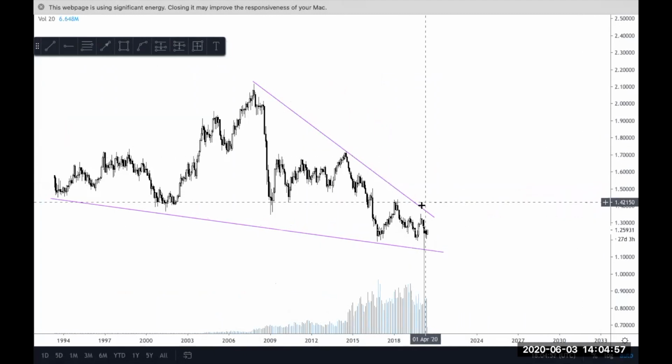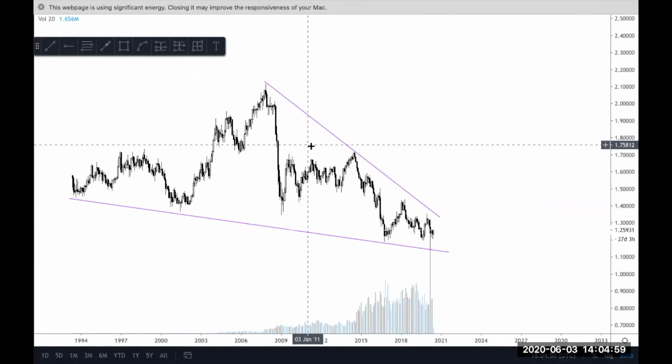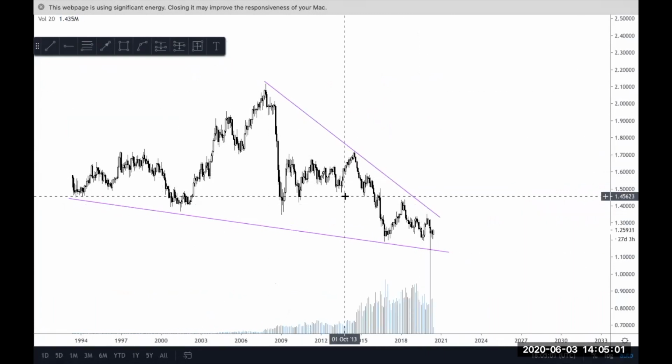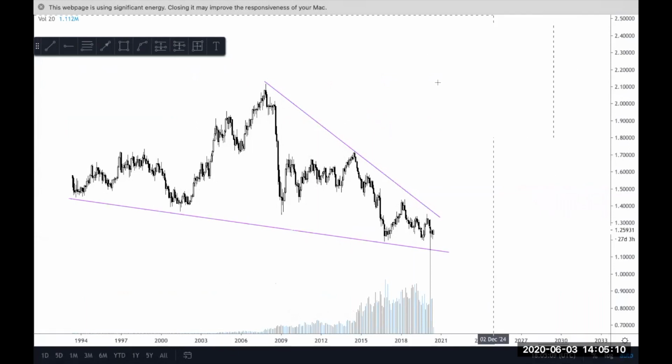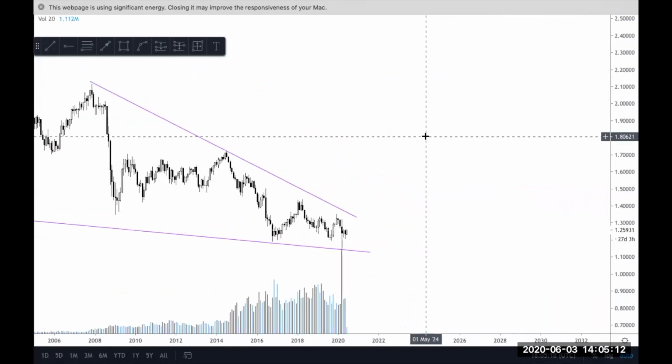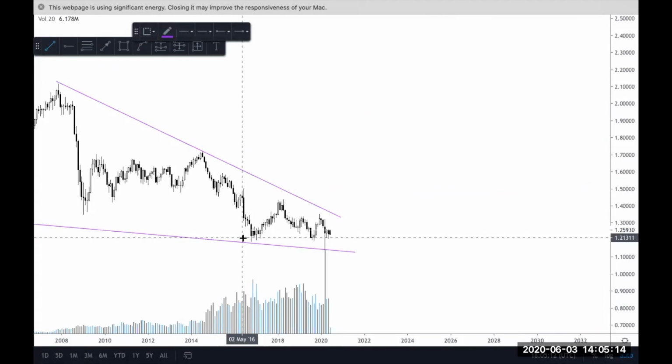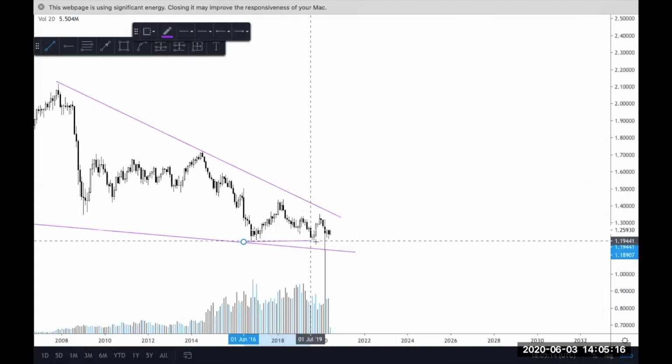All right, so now that we've seen overall structure of GU, where do we think GU is going to continue going? Continue lowering. Yep, definitely going lower. To help confirm that is this point here, liquidity.